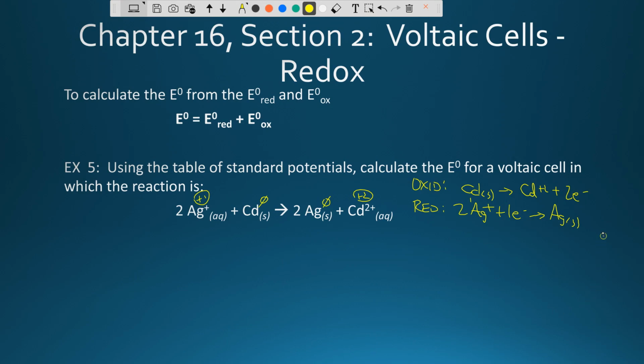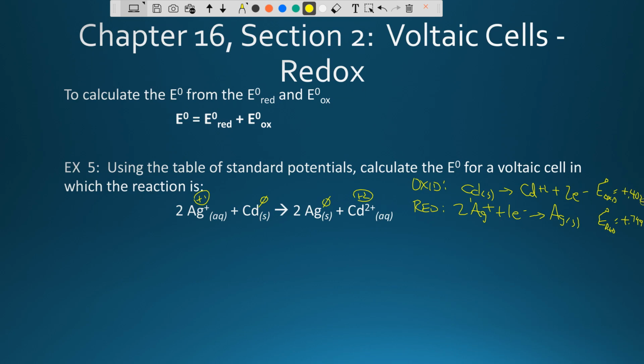Now, using my chart, I see that my reducing agent value was 0.799, and my oxidizing agent value here was a plus 0.402.